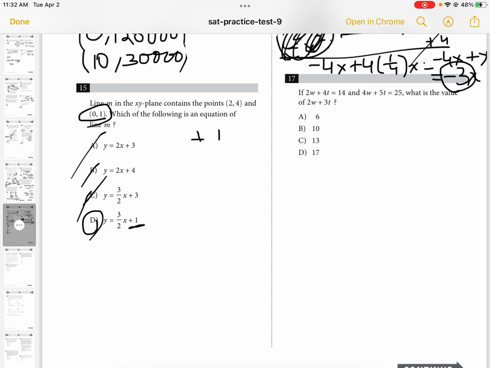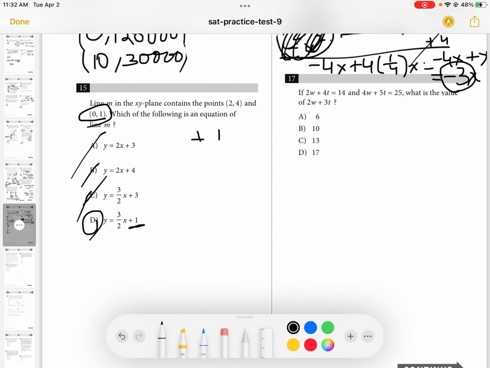17. If 2w plus 4t equals 14, and 4w plus 5t equals 25, what's the value of 2w plus 3t? Okay, so I'm going to write these two equations. 4w plus 5t equals 25, and 2w plus 4t equals 14.